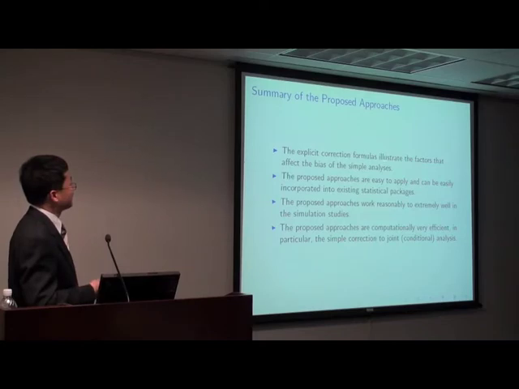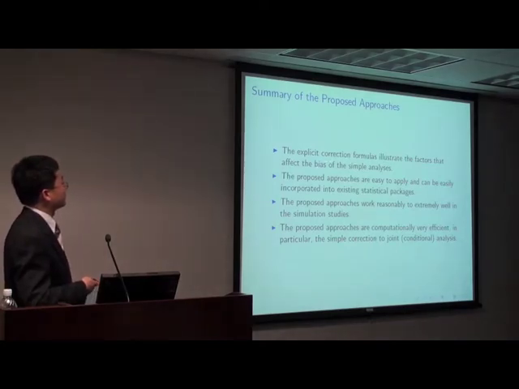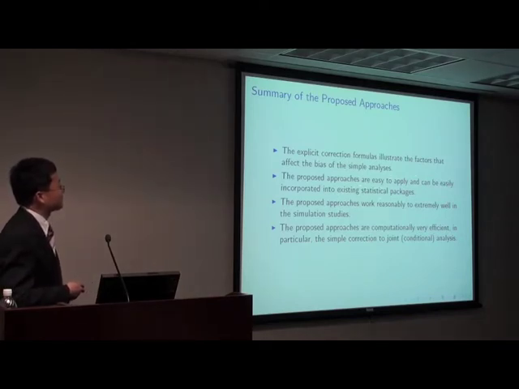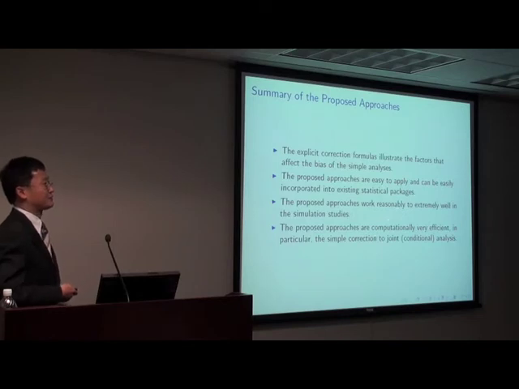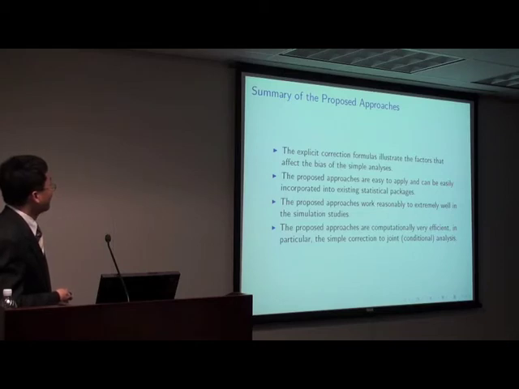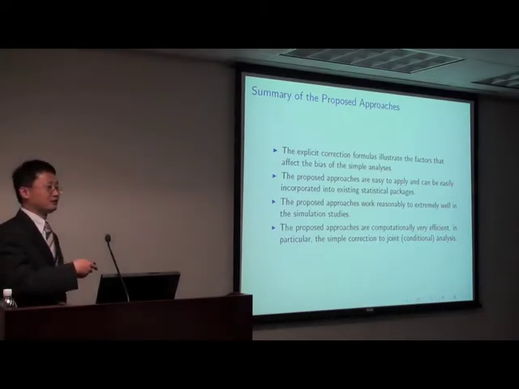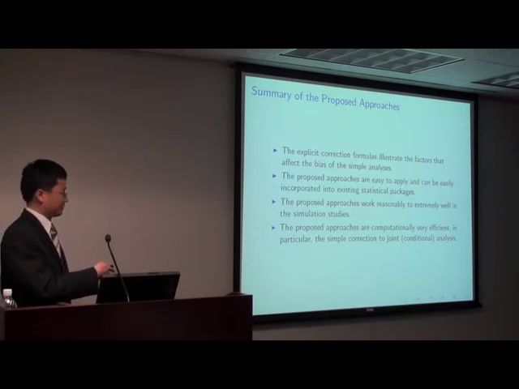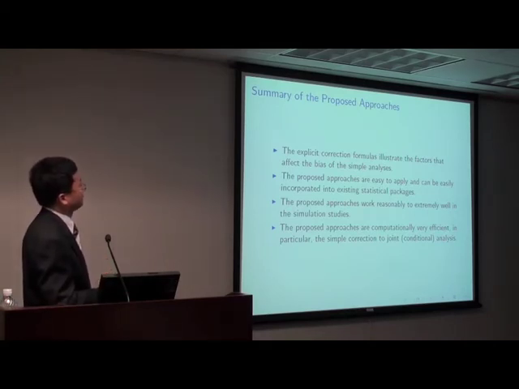And when you use this condensed explicit formula to correct the bias, you can perform lots of statistical analysis because of the explicit functional form you have. The other thing is that computationally, this correction approach is very efficient. You can do just two regression analyses and then leave the data and play with the results.